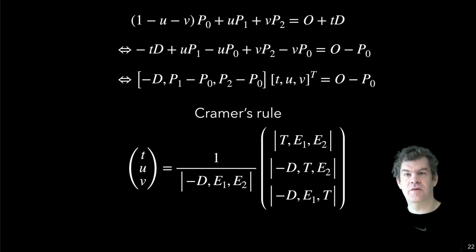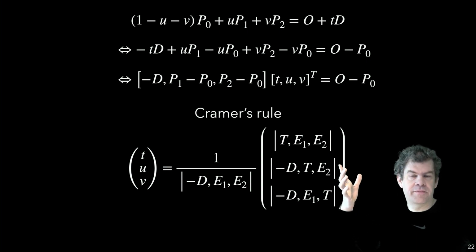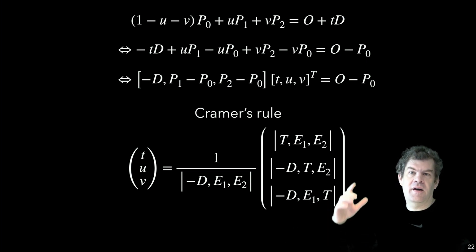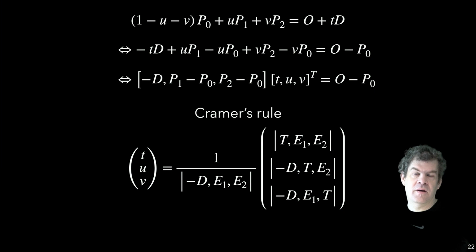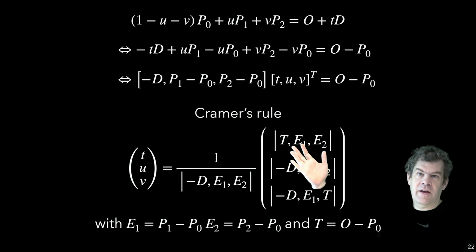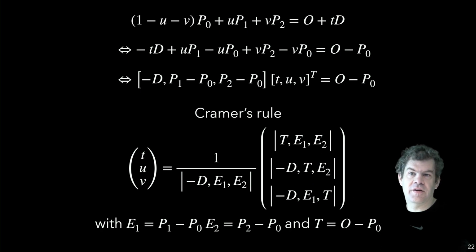And the final result is that to solve a system of equations, you basically take the matrix and you replace one column after the other by specific unit vectors, and then compute the determinant of that matrix, and in the end you divide it by the determinant of the matrix itself. Okay, and I've just shortened this thing here a little bit.